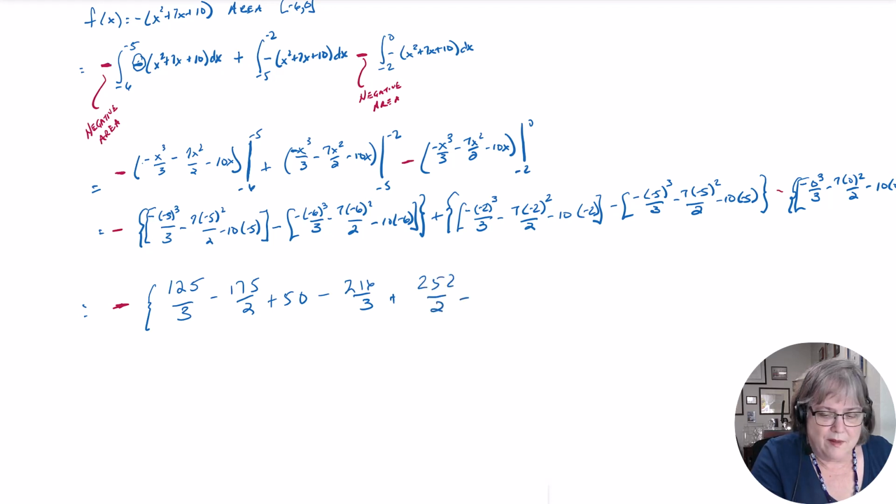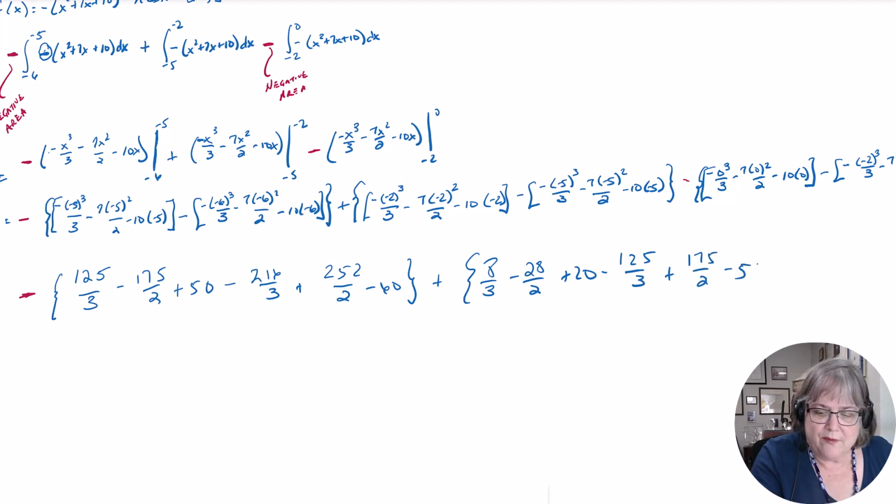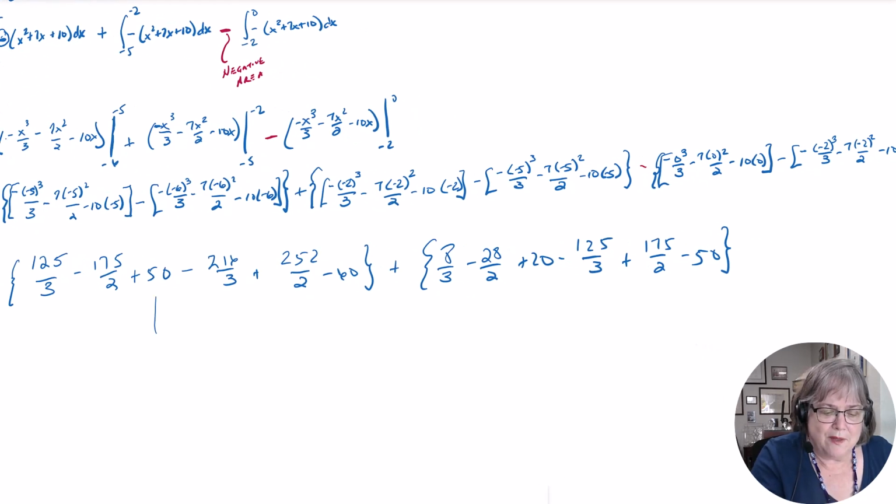All right. So you clean this up, plus 8/3 minus 28/2 plus 20 minus 125/3 plus 175/2 minus 50. And sometimes people will go, oh, look, here's a 50 and there's a minus 50.